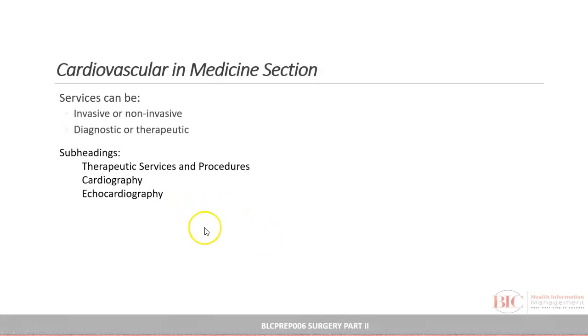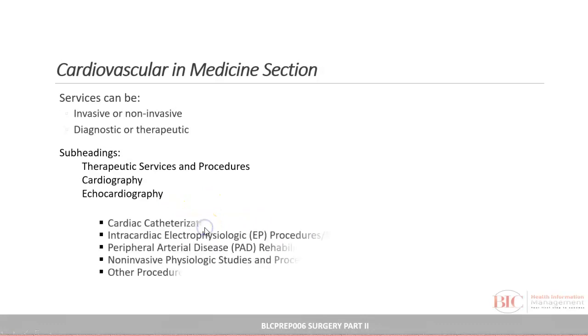So just take a few minutes and go to that section and see if you can find those subheadings. Again, here you're going to find your cardiac cath, your EP procedures and studies, your peripheral arterial disease rehab codes, non-invasive physiologic studies and procedures, and other procedures.